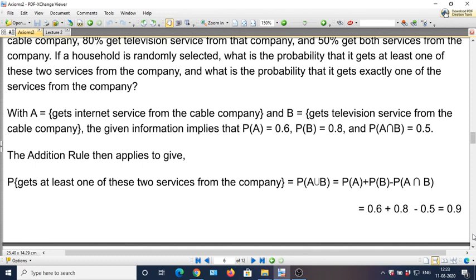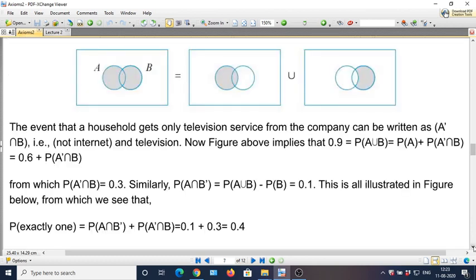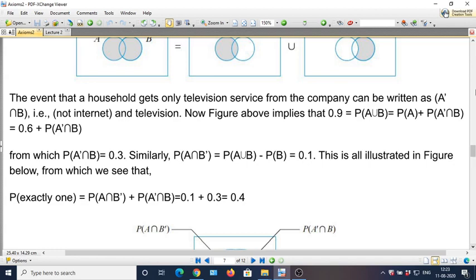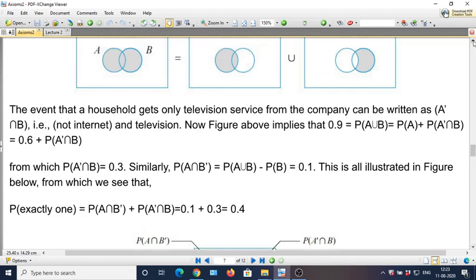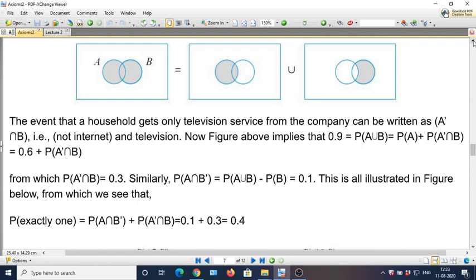Now we look for the answer to the second problem, that is, the probability that a household gets exactly one service. Again, we diagrammatically illustrate that the event A union B can be split into two events.